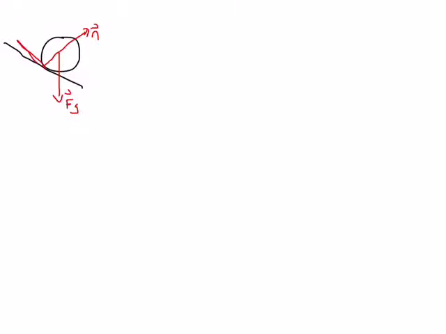And then friction, it's got to be parallel to the surface. We're just going to call that a cursive F. Actually, I'll go to subscript, F sub F. There. And so those are the three forces.